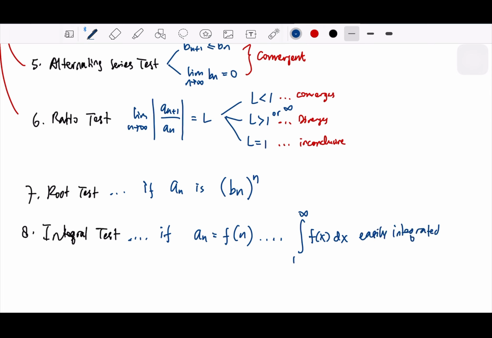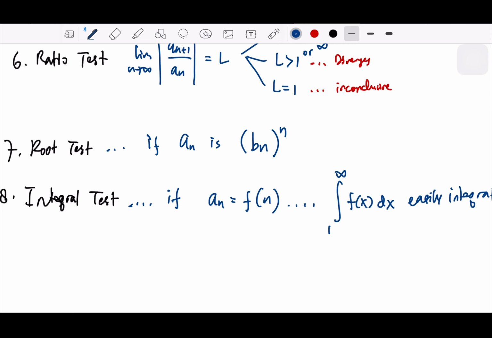If not, then we can just skip the integral test. Okay? And also what we need to have in integral test is the function here for the a_n needs to be always decreasing. First is continuous, it needs to be a positive function, and should be decreasing on 1 to infinity.